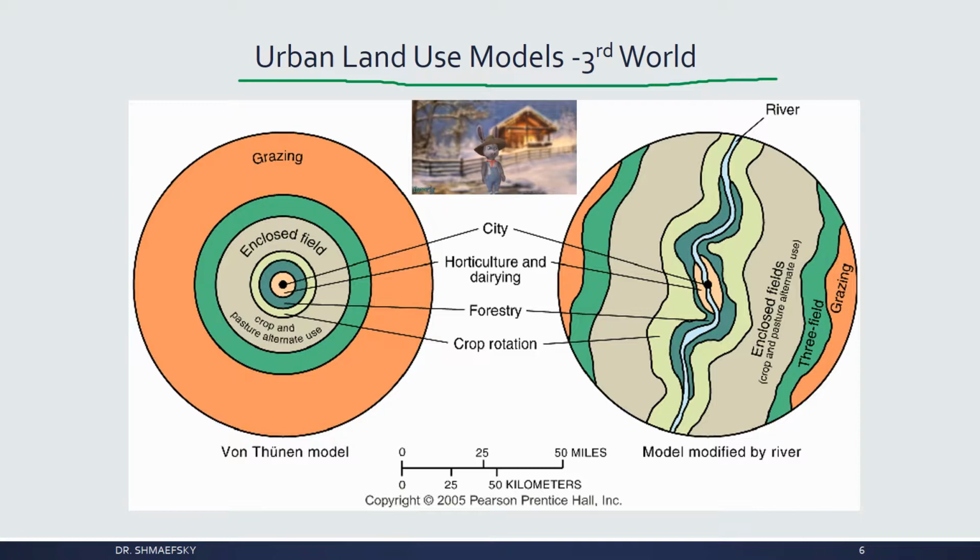So when we look at urban land use models, there's various models that help us understand how urban areas develop historically. And typically what we see globally is civilizations go from what we call migratory hunter-gatherers. That means the people move around, we go from place to place, finding food, and sometimes settling in an area for a little period of time. And then we go on to what's called a settlement or agricultural area.